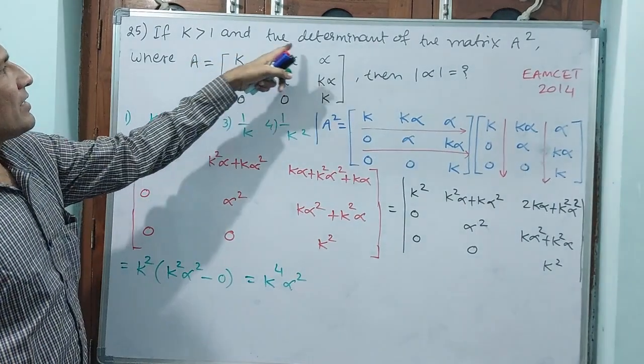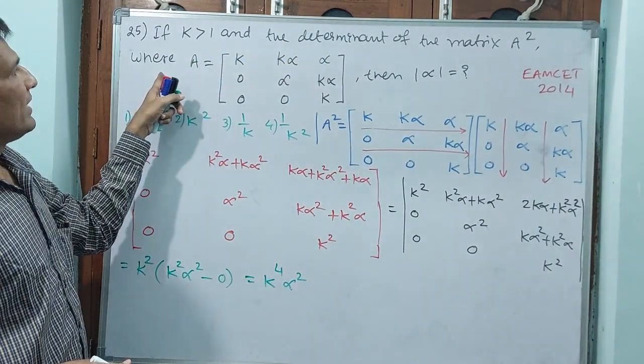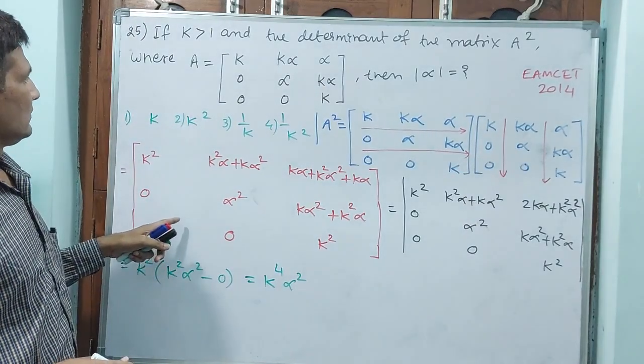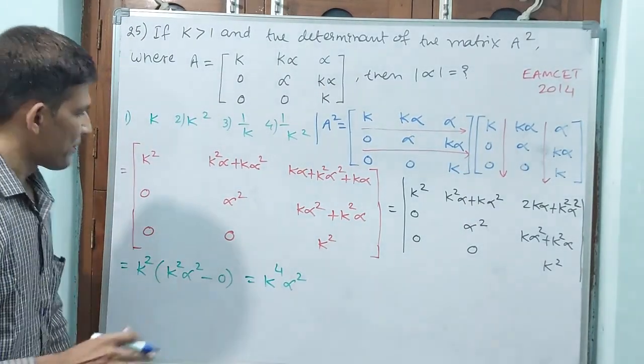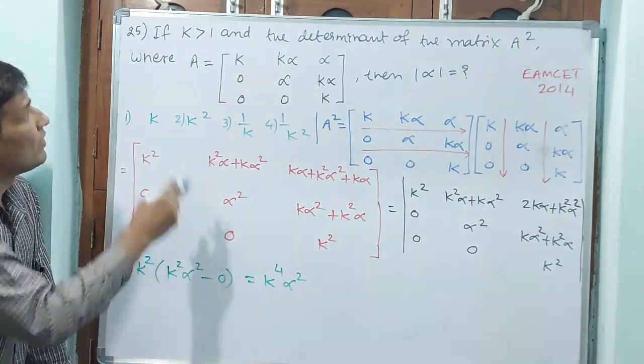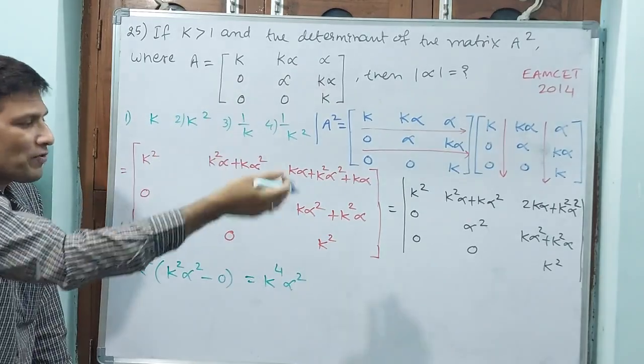K is greater than 1 and the determinant of the matrix A square is K square. Now, as per our question, K is the determinant of A square. I wrote some mistake here.